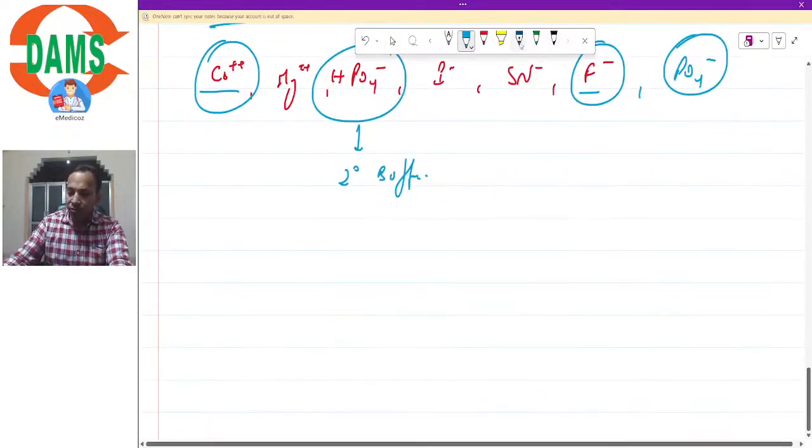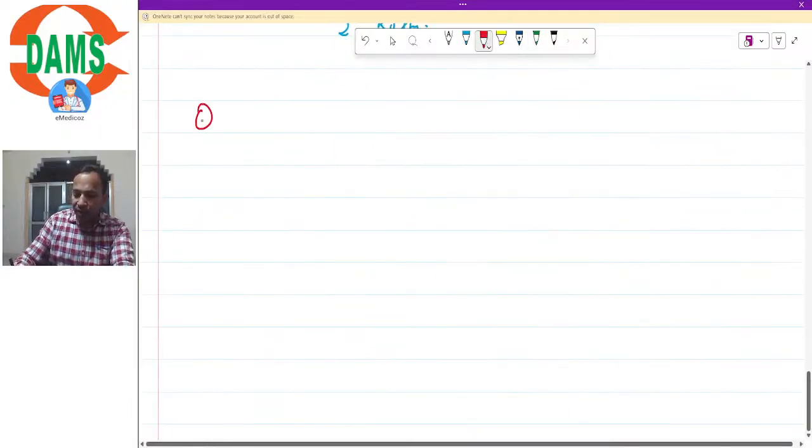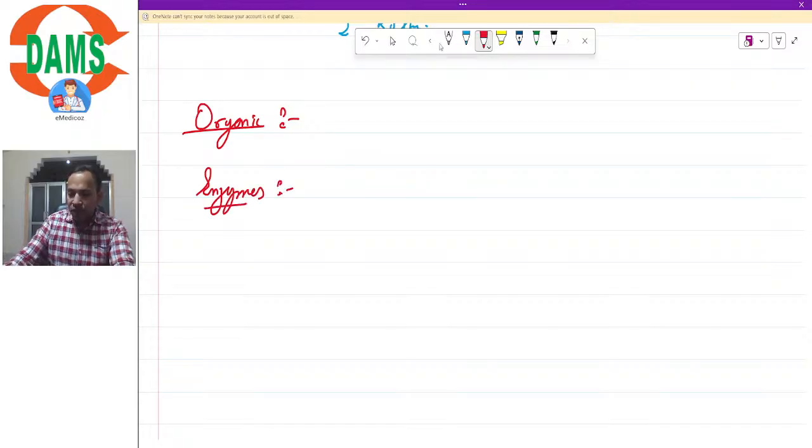Apart from these, we also have certain organic components in the saliva, isn't it? So what is the organic content of saliva? There are certain enzymes. So which enzymes are present in saliva?